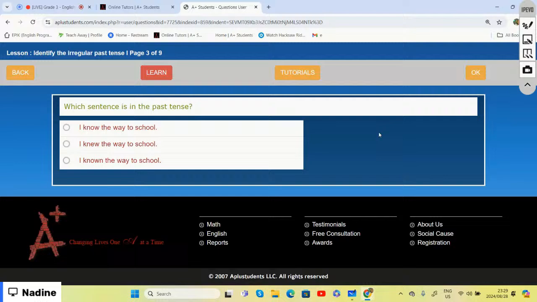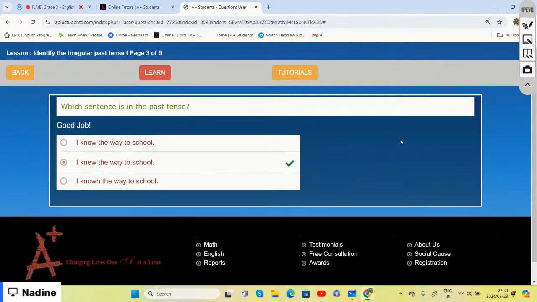So is it option one, I know, option two, I knew, or option three, I known the way to school? And if we were to choose the correct option, we would say I knew, because knew is like know the way to school. So well done.